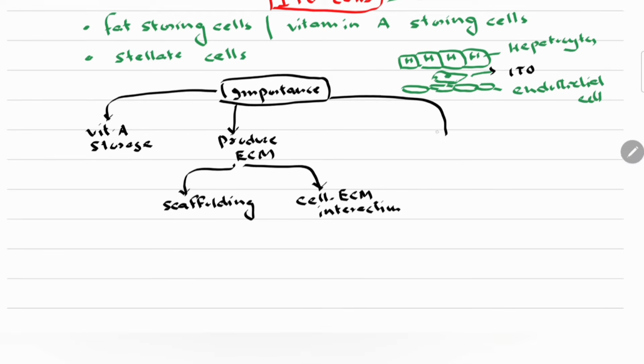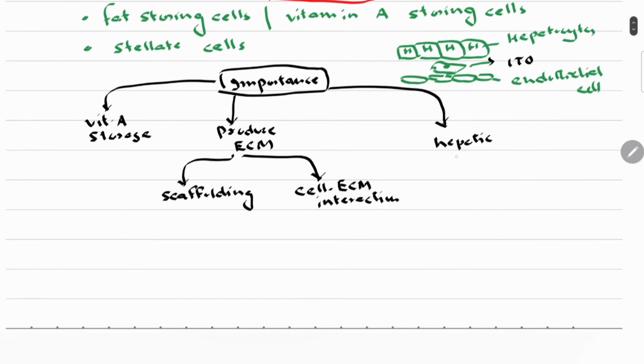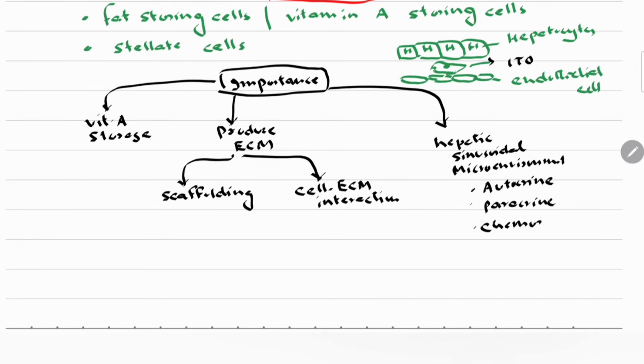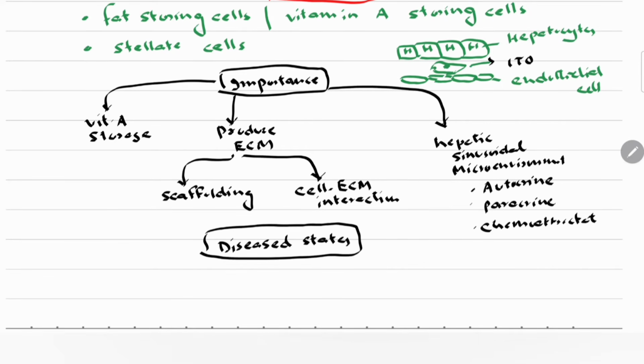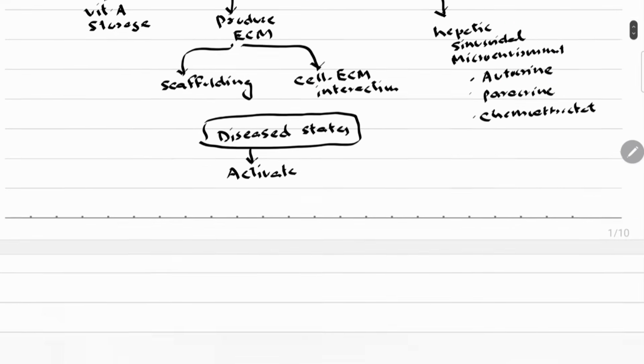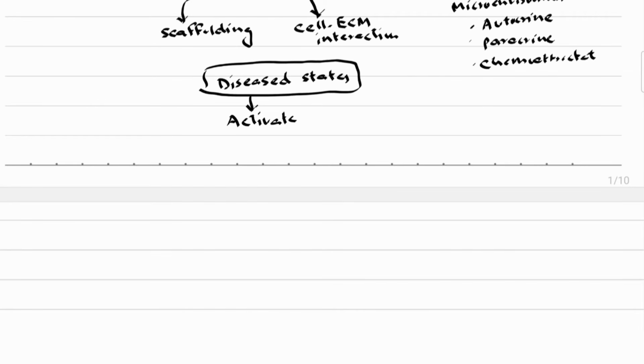They are also important for hepatic sinusoidal microenvironment, which is mediated through autocrines, paracrines, chemoattractants. In diseased states, these ITO cells are activated and they transform into myofibroblasts. And these myofibroblasts are flat and elongated.